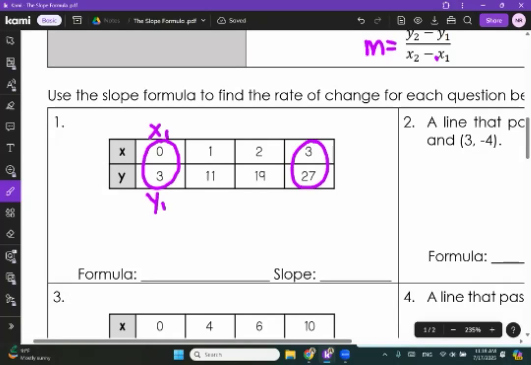The 1 here doesn't do anything. It's just a label, a name, and it just represents the first point. So we're going to put a little 2 here to represent the second point. We plug it into our formula.